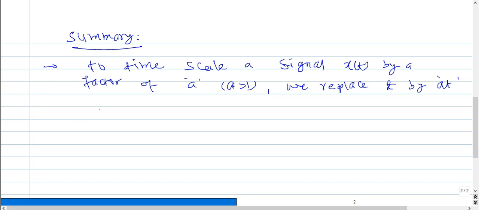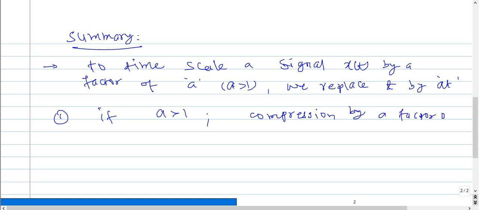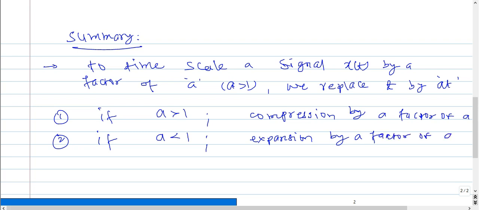Here, if a is greater than 1, then this operation will result in compression by a factor of a. And if a is less than 1, then it will result in expansion by a factor of a.